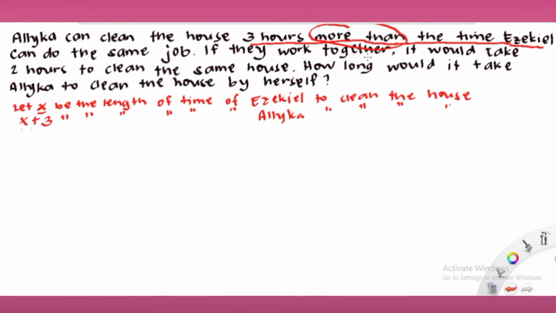If they work together, pag magkasama daw sila nagtrabaho, it will take 2 hours lang to clean the same house. So, mas mabilis nilang magagawa ang trabaho if they work together. And that is the reality, diba? Pag may kasama tayong magtrabaho, mas bumibilis ang paggawa. Umiikli yung oras ng paggawa.